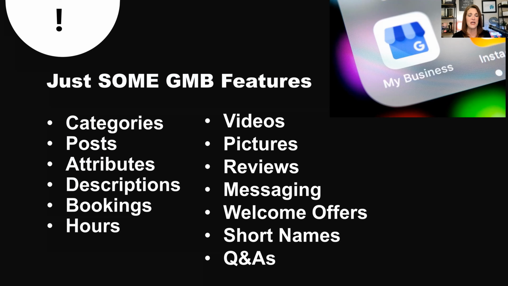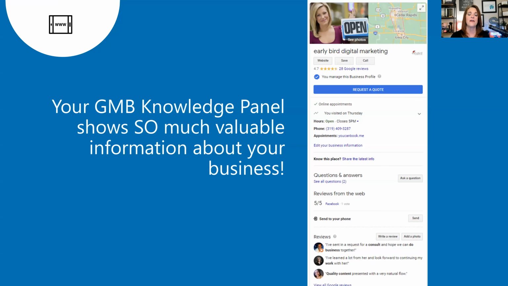You can upload videos and pictures. All of this makes for a very, very robust Google My Business knowledge panel that really allows searchers and visitors to see so much information about your business. So that is amazing. Just by doing a search, people can find out a ton of information about your business, and that gives your business a lot of visibility on search.